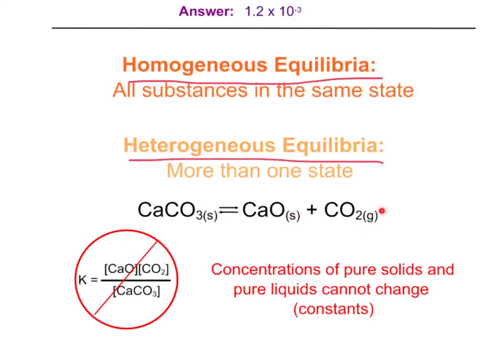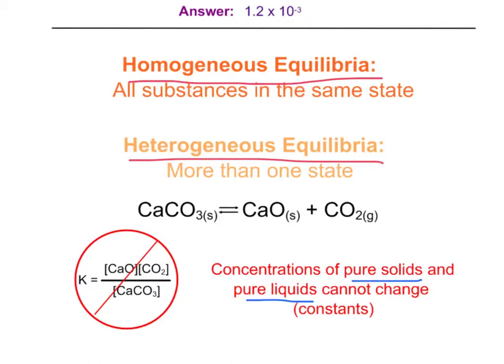I would like you, first of all, just to think about the fact that pure solids and pure liquids cannot change their concentrations. They are pure solids and pure liquids, so they do not have fluctuating concentrations.